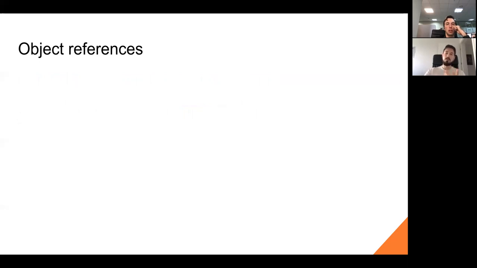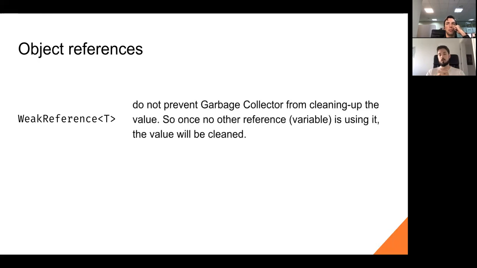One important way to prevent that is to use object references. There are two key object references in Kotlin. An object reference is like a wrapper over a value that does not strongly hold this value. We have a weak reference, which is more popular, and it does not prevent an object from being cleaned up.